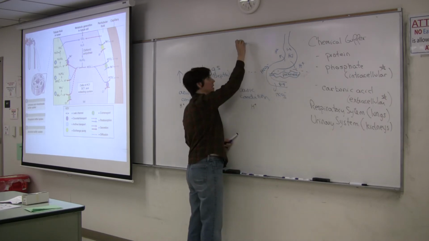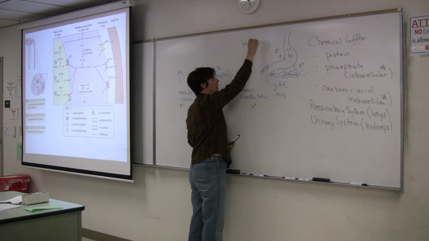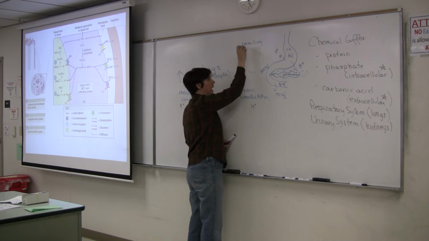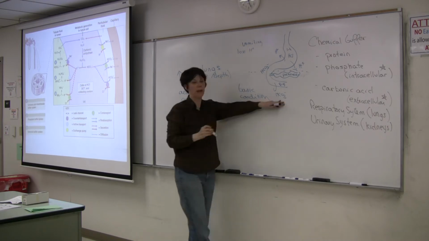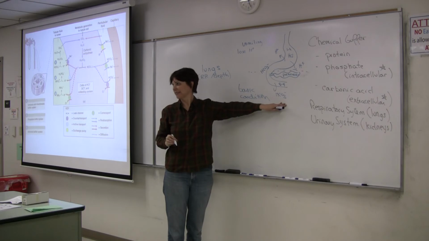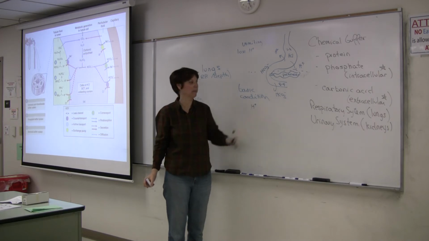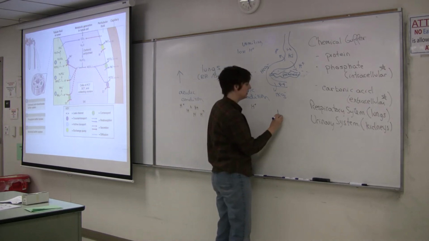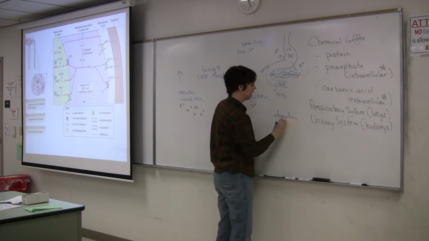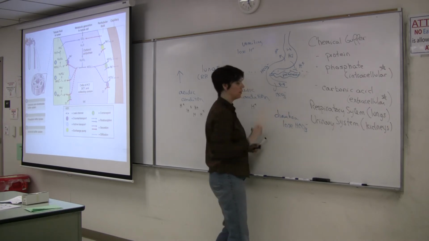If you're vomiting, you lose hydrogen, thus you have too much bicarb. Because you're losing the hydrogen and you don't have those to balance the amount of bicarb, okay? If you have diarrhea, you lose the bicarb.